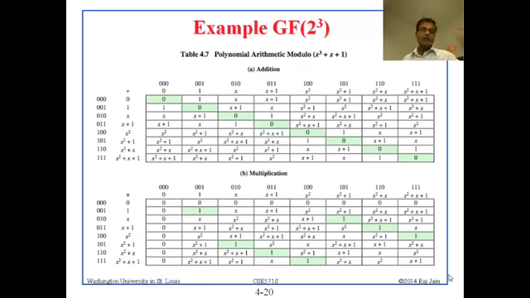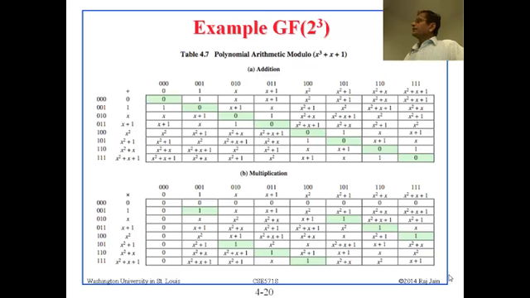So generally when you write down a number, you are really writing down the coefficients. Alright? So this number is same as this column here, this row here. So 110 means x square plus x. Right? 111 means x square plus x plus 1. 101 means x square plus 1 and so on.